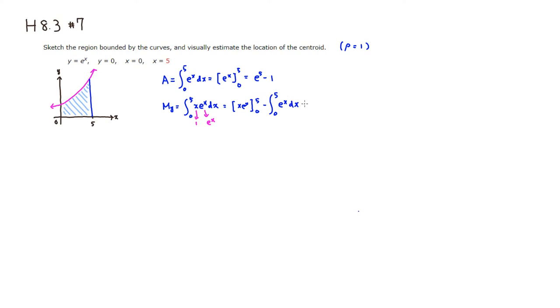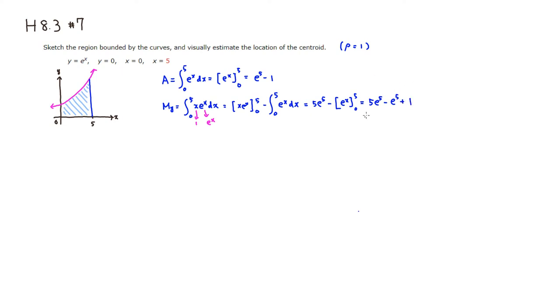Plug in 5, you get 5 e to the 5, and plugging in 0 gives 0. Minus, and the antiderivative of e to the x is still e to the x, going from 0 to 5. So this is 5 e to the 5 minus e to the 5, and a minus becomes plus, e to the 0 is 1.